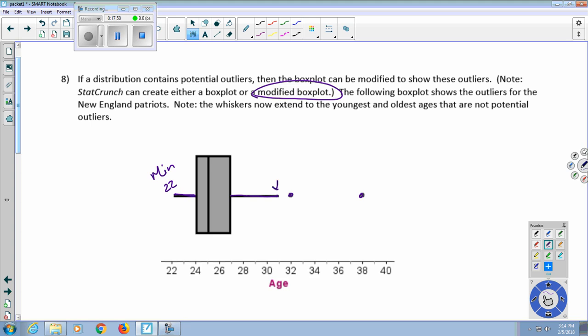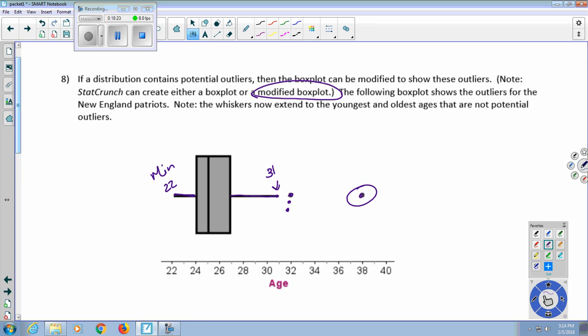That turns out in our case to be 31 because there were players that were 31 years old. Looking at our data set, there's only one outlier shown here, but in reality, 3 players had an age of 32. Sometimes those are kind of hidden because they're piled on each other. And then finally, we have this other outlier out here, age 38.